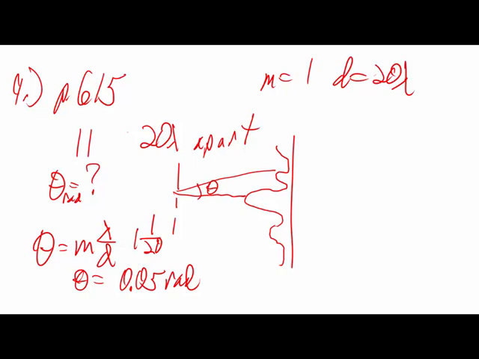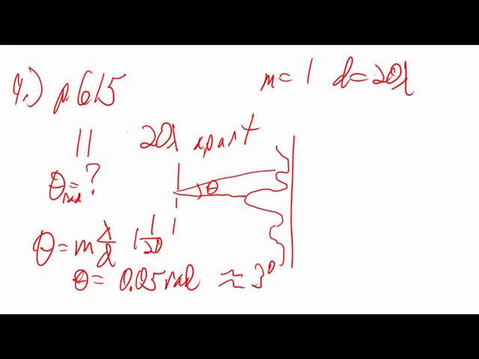Yeah, so we say 0.05 times 180 divided by pi, and that gives us about 3 degrees, okay? So it's going to be approximately 3 degrees, or 0.05 radians, all right? All right, so that's number 9.